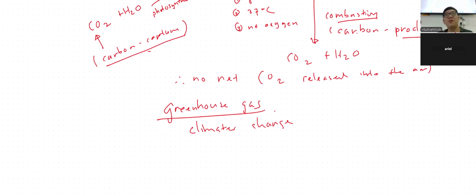The advantage is that, as I mentioned, less greenhouse gas is produced, and bioethanol you can get anytime. You don't have to wait for billions of years to form. Crude oil, on the other hand, you have to wait for billions of years because it's dead dinosaurs. So it's non-renewable. But bioethanol, you can obtain quite easily. Just grow some sugarcane, grow some plants, and then get the sugar from it.